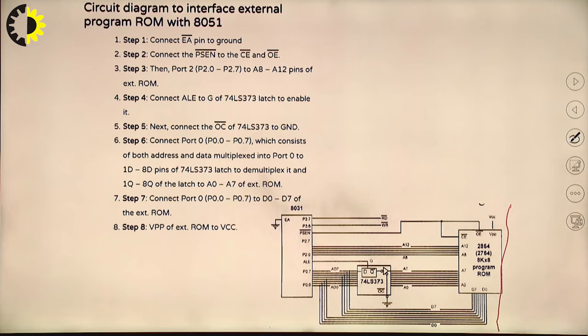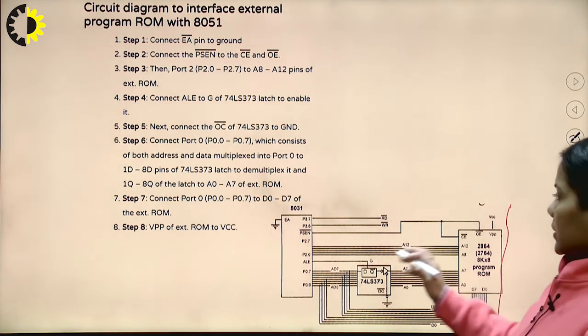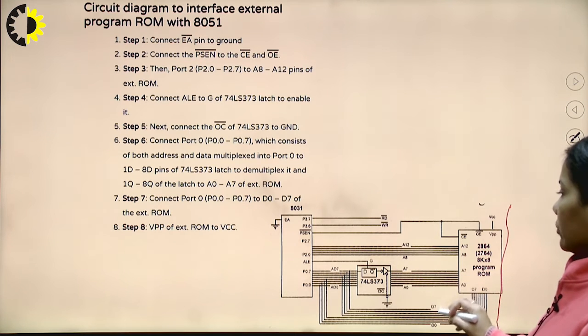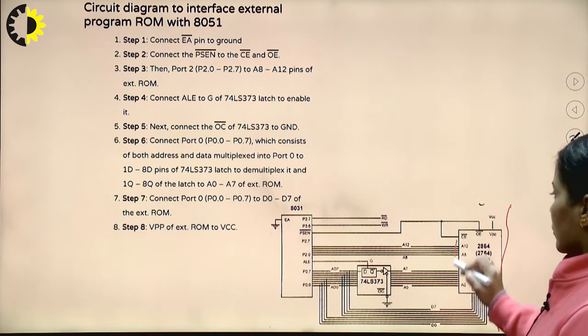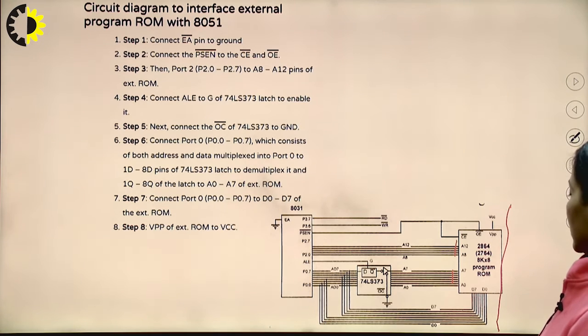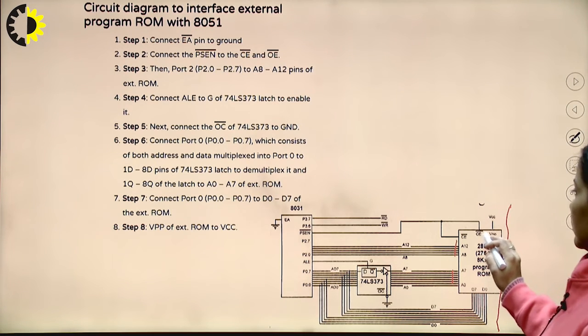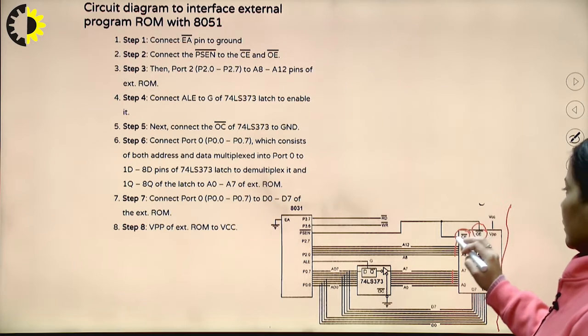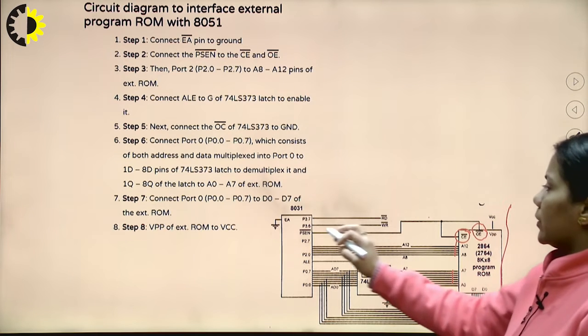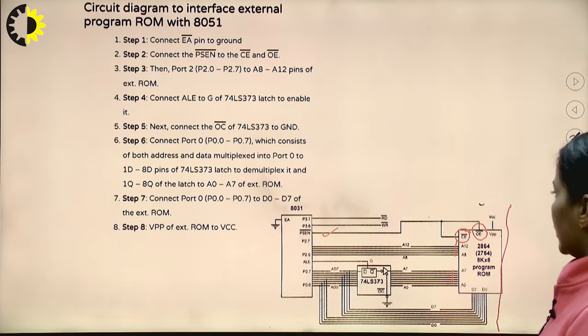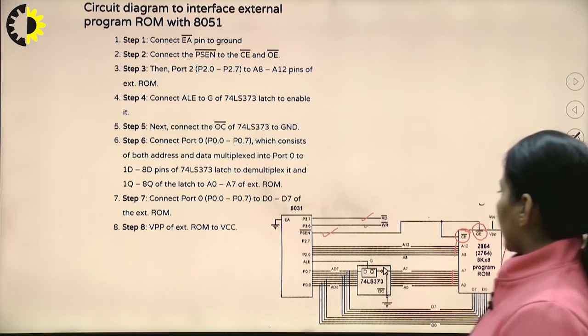Here we can see that the pins of P0 and P2 are used for addressing. Then OE and CE, the output enable and chip enable pins, are connected to PSEN. These pins define the control signals.